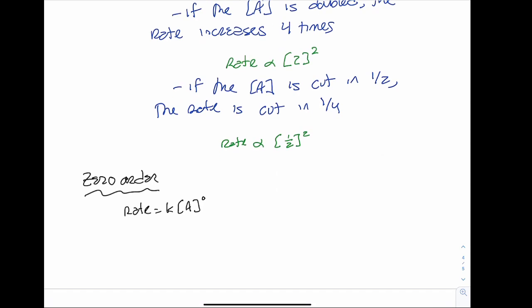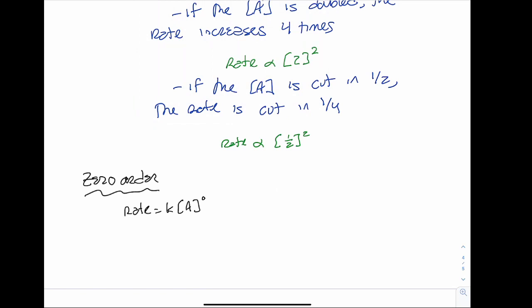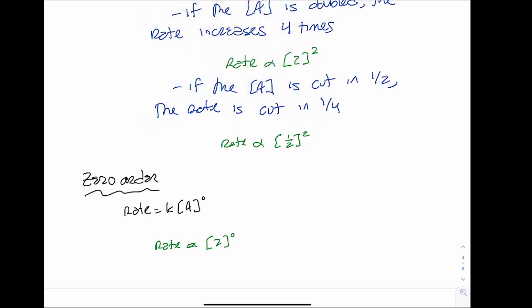But essentially, if you were to use our little way of calculating it, let's say our concentration is doubled. Anything to the 0 power is just 1. 1 times my rate, nothing happens. There's no change. So if something is zero order, changing the concentration of that is not going to affect the rate.